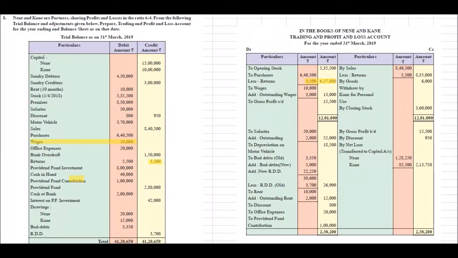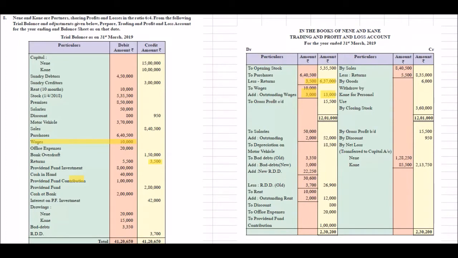The wages amount is 10,000 rupees, and outstanding wages is 3,000 rupees. That outstanding wages we always add with the wages, so it becomes 13,000 rupees.